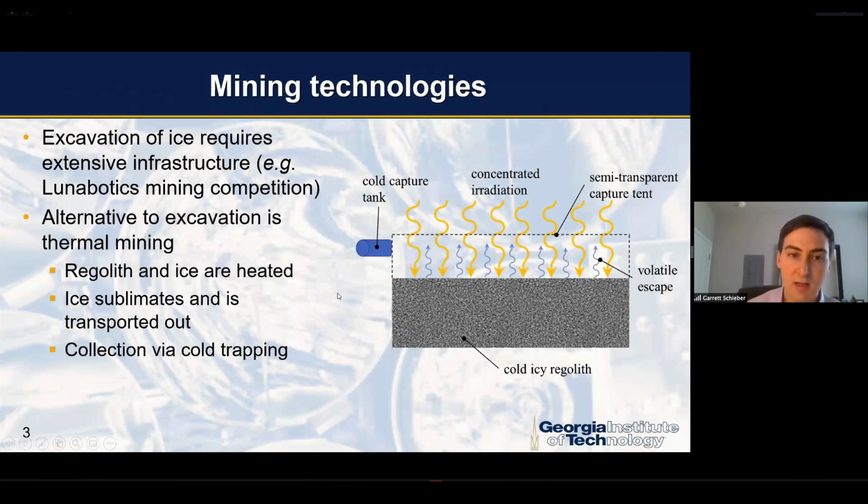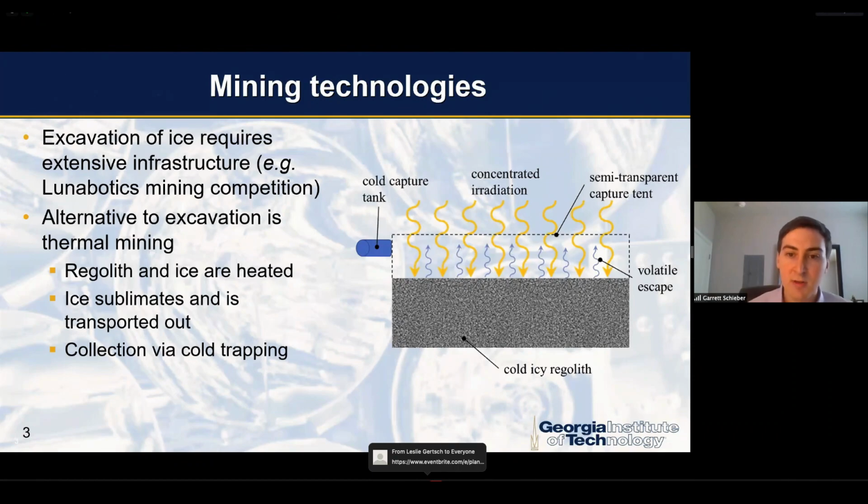Thermal mining, again, does not require excavation and is fairly simple, as essentially regolith and ice are heated. In this case, I'm showing concentrated irradiation as the heat source, and that would be reflected into these permanently shadowed regions. And that heating causes ice to sublimate. Sublimation is, of course, the phase transition from solid to vapor.